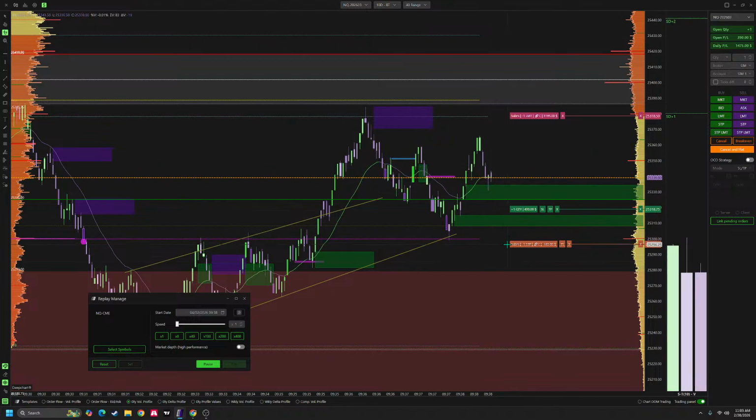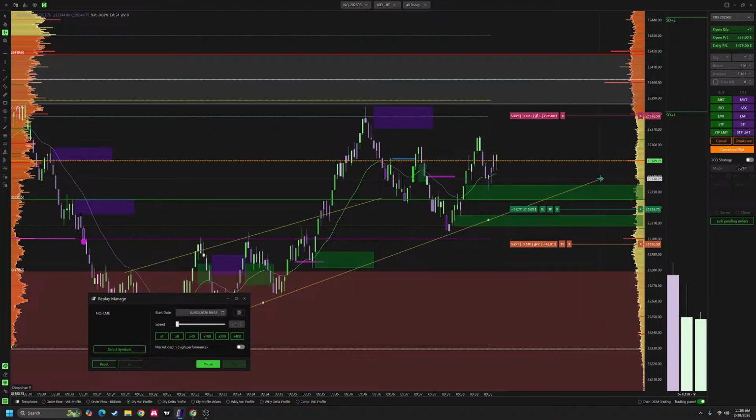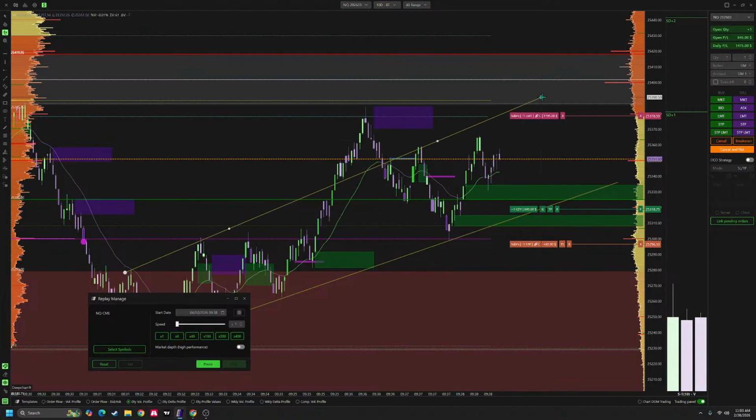Price taps back into our effort zone. And it looks like we're starting to create a nice upward trend.